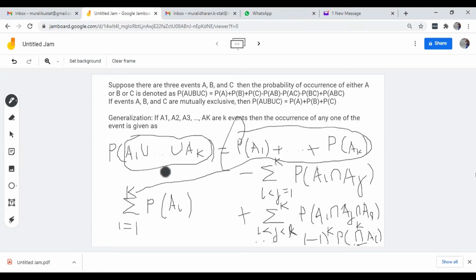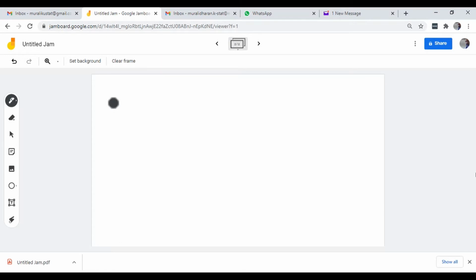Okay, let me write it in the next page. So finally you have this formula for the probability of occurrence of any one event. I will write the union, i equal to 1 to k, is equal to: first term is summation P of AI, i running from 1 to k, minus summation i less than j.